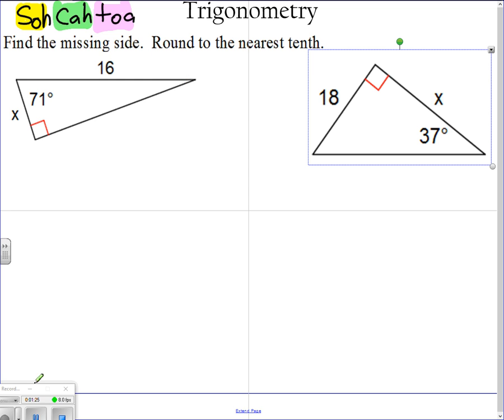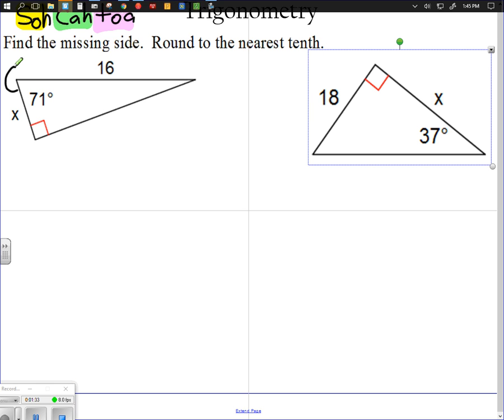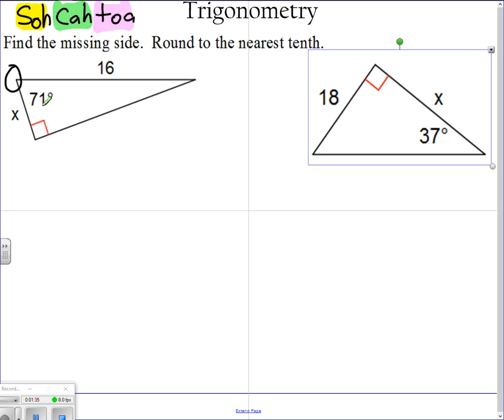I'm going to be standing at this angle, because I know the measurement of that angle. Now, this side, we don't know anything, so I'm not going to use this side. I need to use this side and that side.